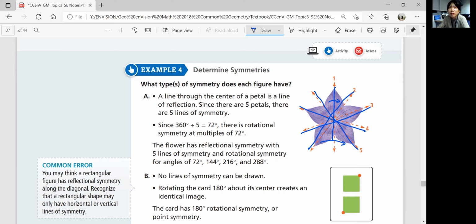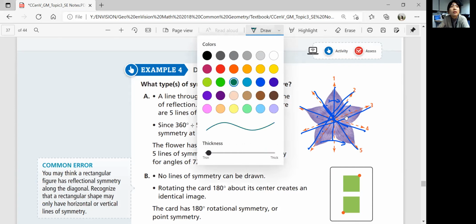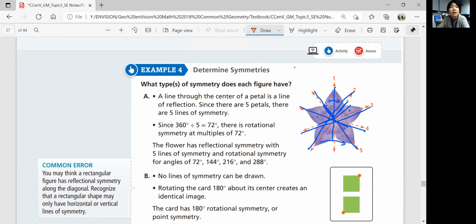What about rotational symmetry? You can divide each petal like this, right? How many petals do you have? 1, 2, 3, 4, 5. Divide 360 into 5, and then you get each angle as 72 degrees, okay?